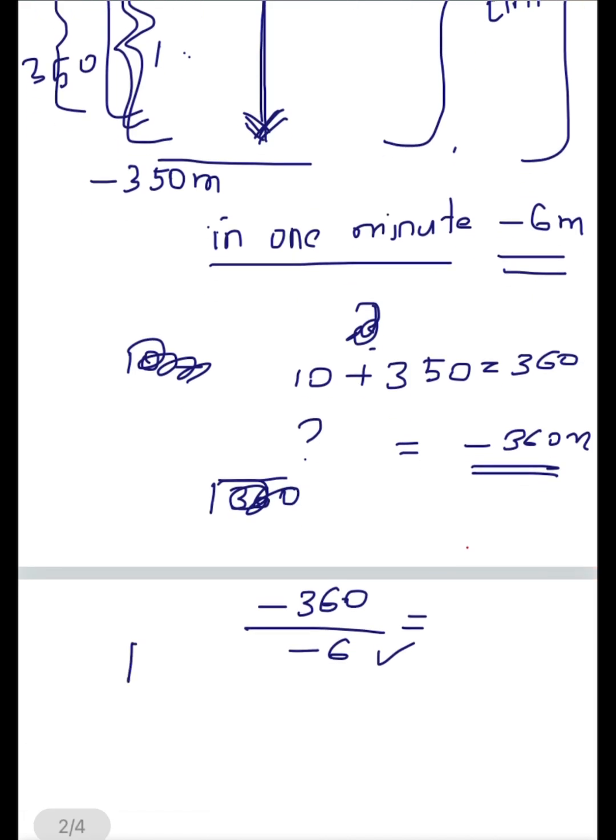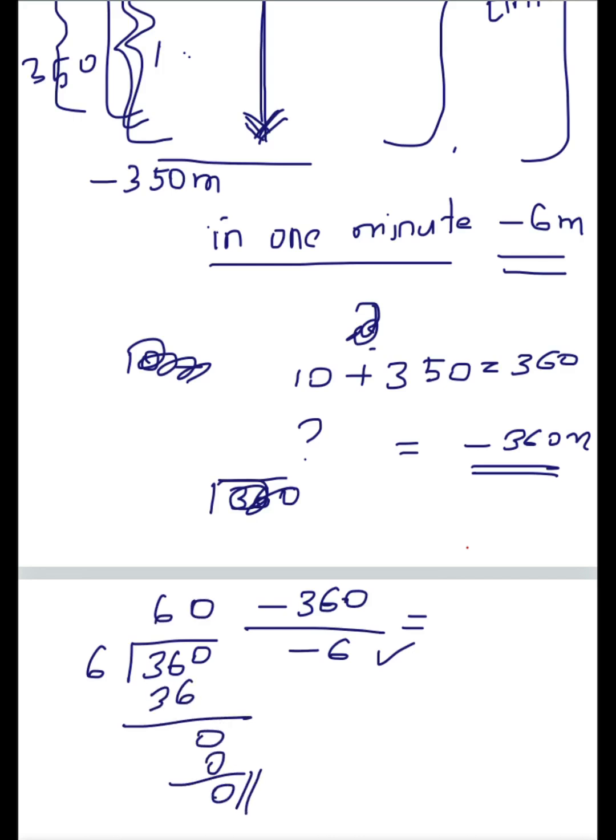Let's divide 360 by 6. What will be the answer? 6, 36, 0, 0. So the answer will be 60. So 60 minutes will be the answer. 60 minutes means 1 hour.